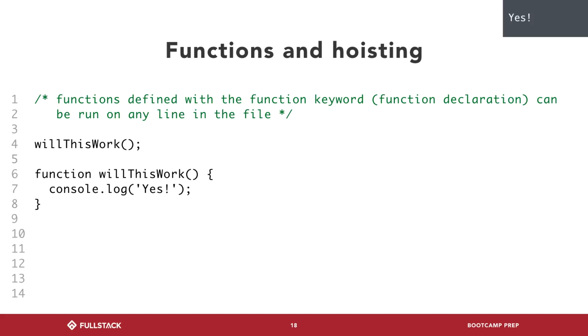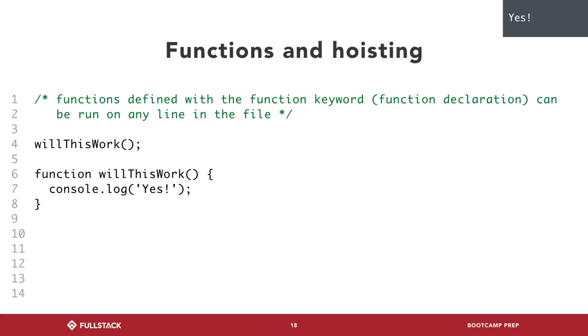So they're both equally valid ways of creating functions. The only difference in this case, when I created it this way, which is declaratively, when I declare a function this way, what it does is it lets JavaScript pick up the fact that this is a function on the first pass through.